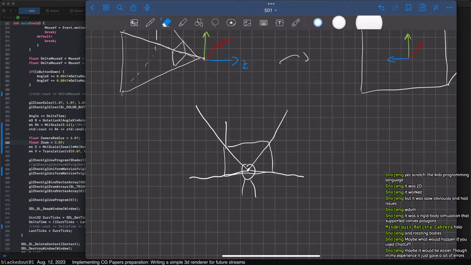And if you would do this 100% correct, I assume you would have to do this if you were doing VR or something.